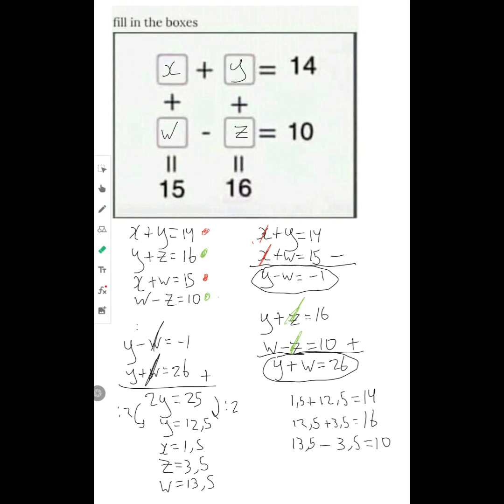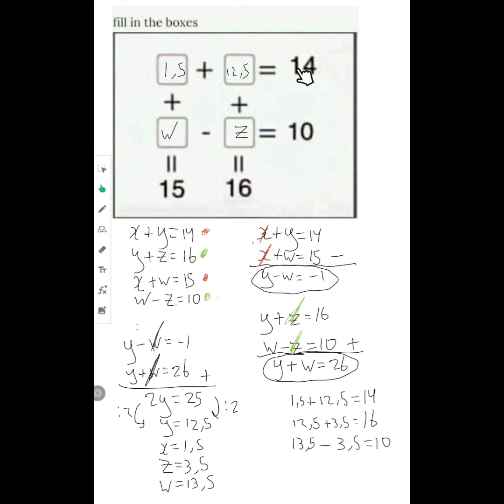So I know x is 1.5, and y I calculated, it's 12.5.